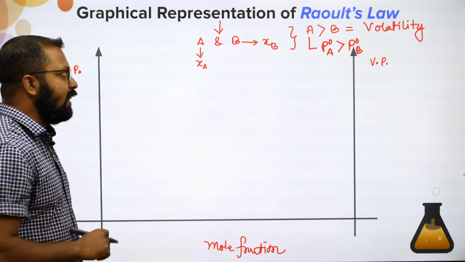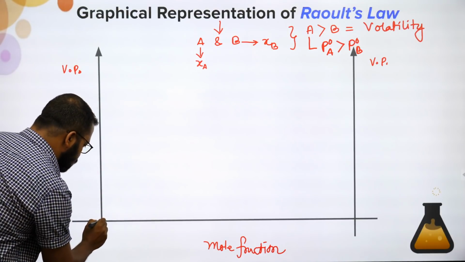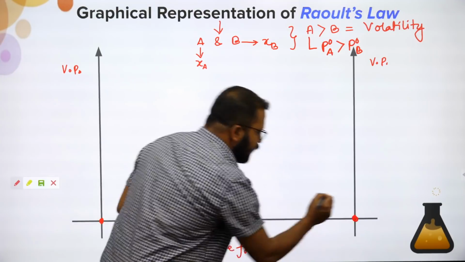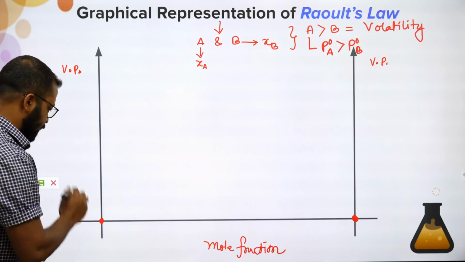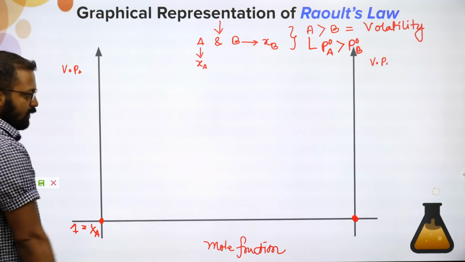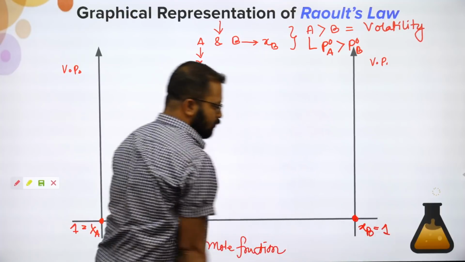Vapor pressure of A is more than the vapor pressure of B. Clear? Now let's say we take a pure solvent A. Mole fraction of A is 1 and mole fraction of B is 0.